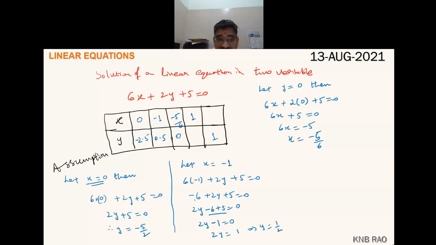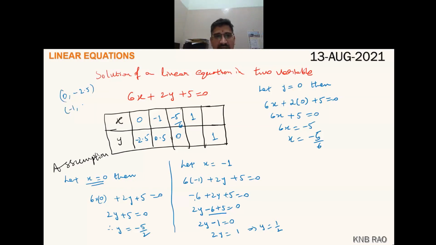Sir, if we take different numbers, the answer will also come different, no, sir? Yes, definitely. Sir, how can we represent it on a graph? Yes, children. These x values and y values are going to give you the coordinate points.